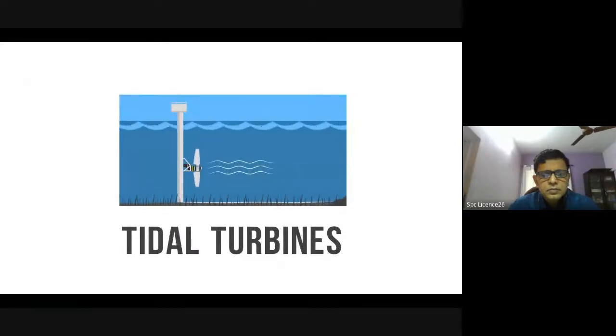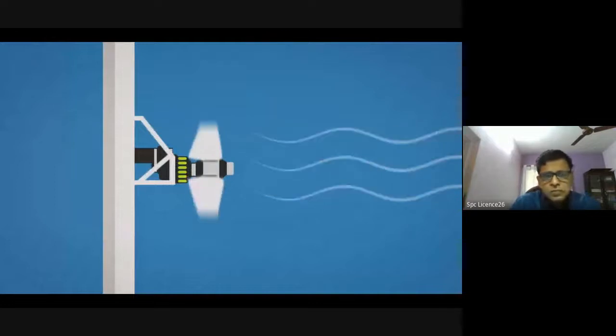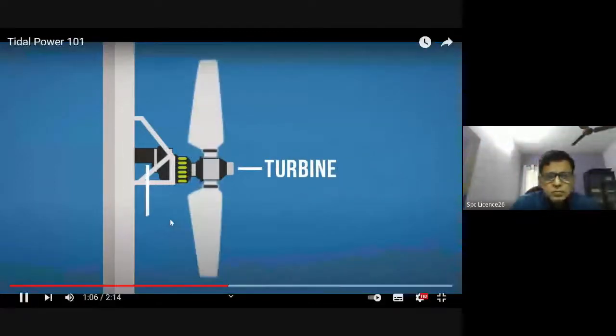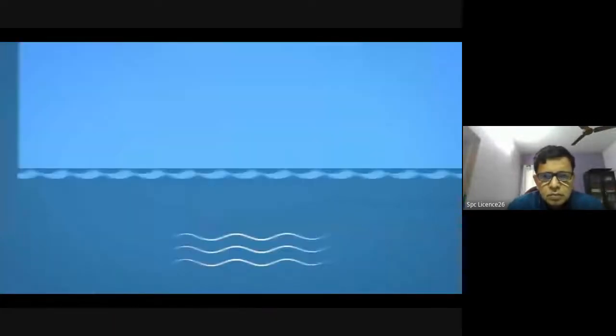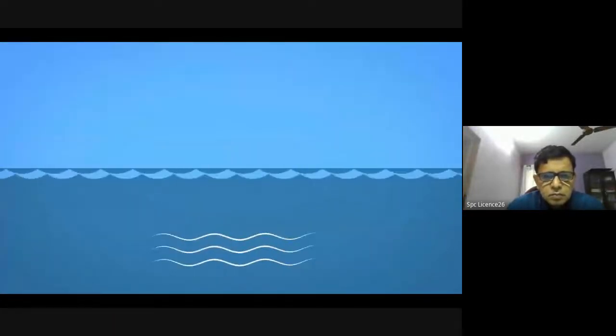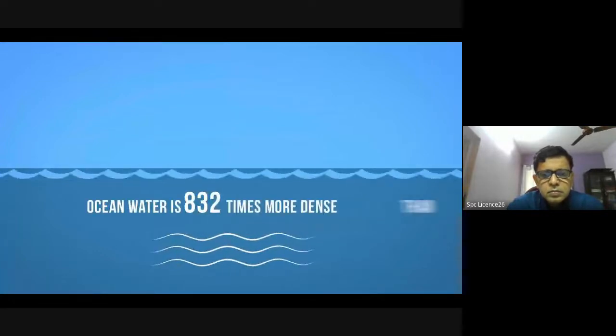In both cases, electricity is generated when the mechanical energy of tidal currents turns turbines connected to a generator. The generator produces electricity. Ocean currents generate relatively more energy than air currents because ocean water is 832 times more dense than air and therefore applies greater force on the turbines.